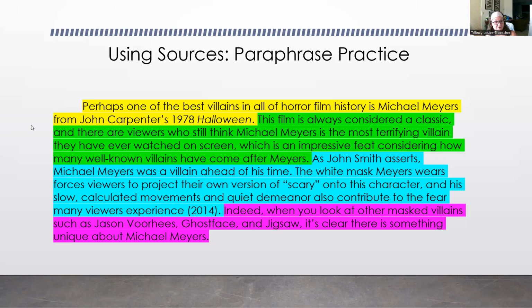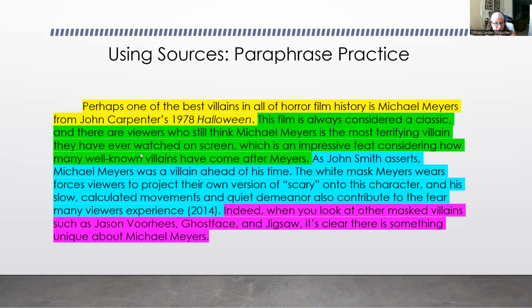This film is always considered a classic, and there are viewers who still think Michael Myers is the most terrifying villain they have ever watched on screen, which is an impressive feat considering how many well-known villains have come after Myers. As John Smith asserts, Michael Myers was a villain ahead of his time.